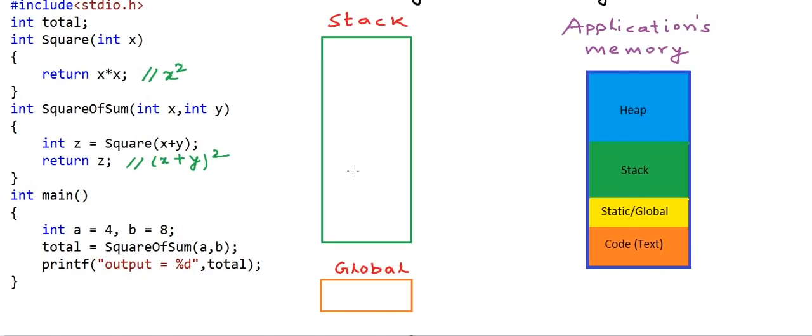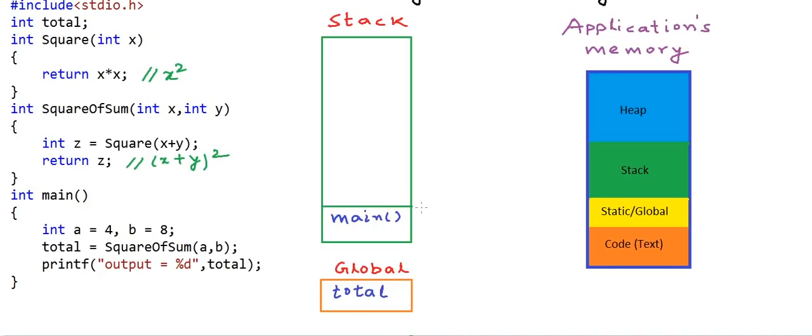Let us say this rectangle in green here is memory reserved as stack, and this rectangle in orange is the memory reserved as static or global variable section. When the program starts executing, first the main method is invoked. When the main method is invoked, some amount of memory from the stack is allocated for execution of main, and this total is a global variable, so it should sit in this section.